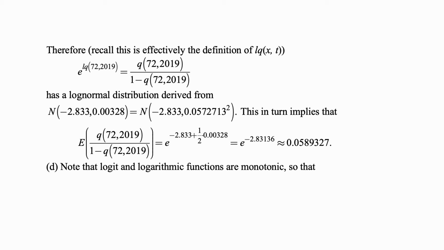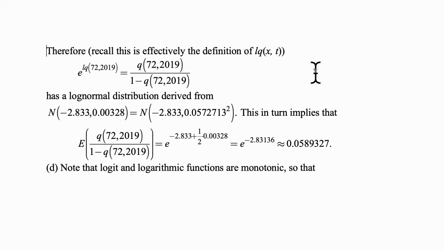And therefore, recall that this is effectively the definition of LQ of xt. E to the LQ of 72 2019 is equal to Q of 72 2019 over 1 minus Q of 72 2019, which has a log normal distribution derived from this normal distribution with the same parameters.